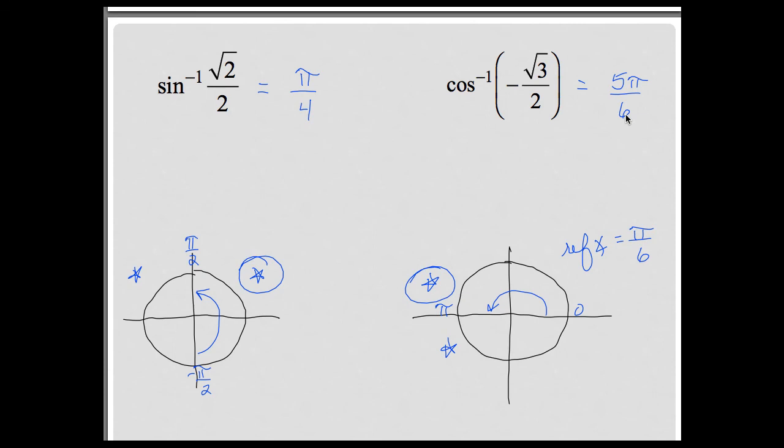You will see these throughout AP Calc, either in this form or as a trig equation. You'll see them in both forms. So you very much want to be able to adapt to either one and answer both types of questions. So hopefully this lesson helped you understand inverse trig functions a little bit more, and you'll find them a little bit easier to work with as we move forward.